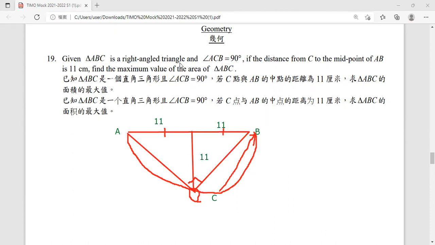And then now we have two more right angles here.